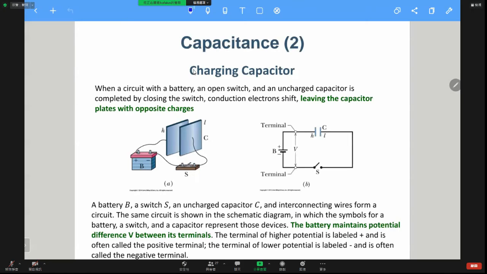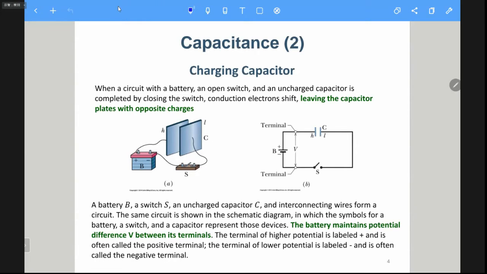Here, a circuit with a battery, an open switch, and an uncharged capacitor is completed by closing the switch. So this is a battery, this is a switch, and this is the parallel plate as a capacitor.